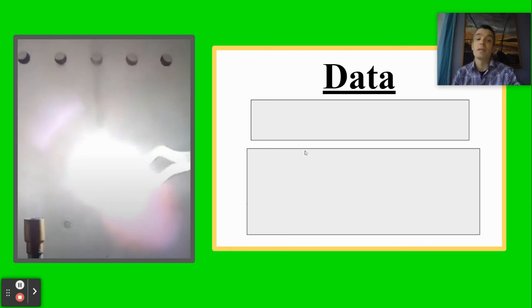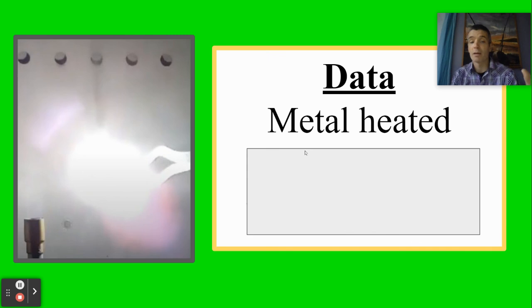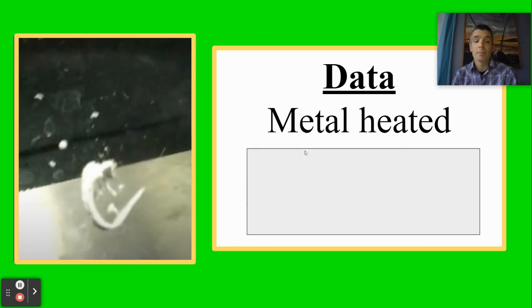So I have a metal that's being heated, and it gives off this light. And it makes this white powder. It almost looks like chalk. I've never actually really touched it. This is what you would see in the remnant of a sparkler.